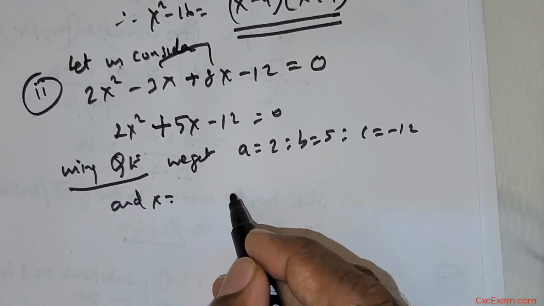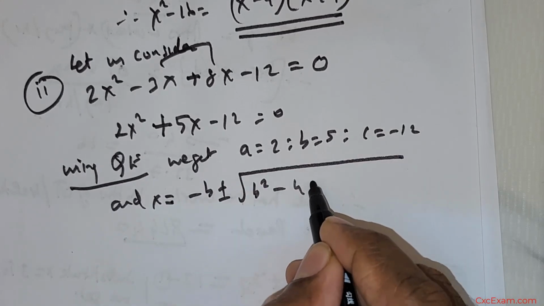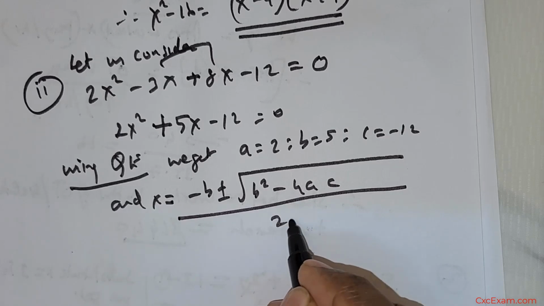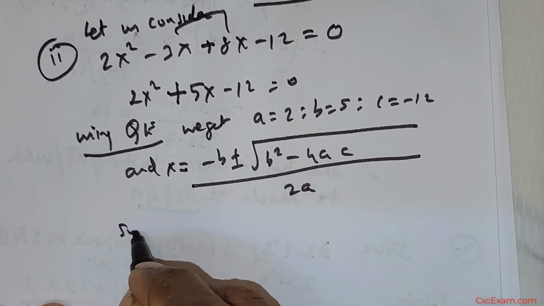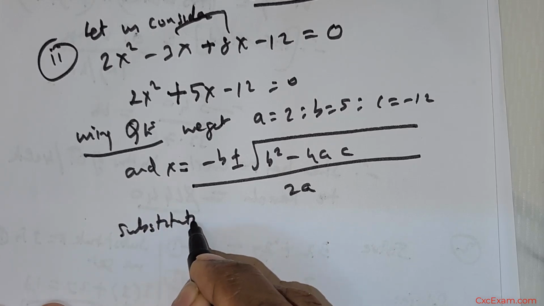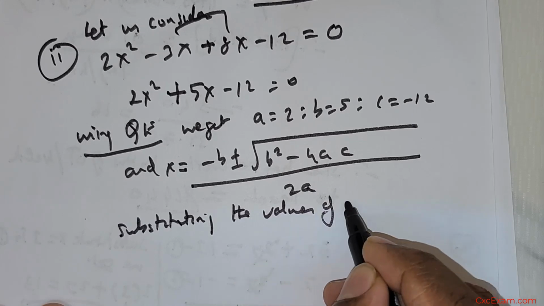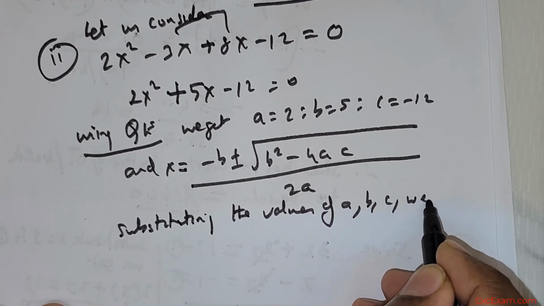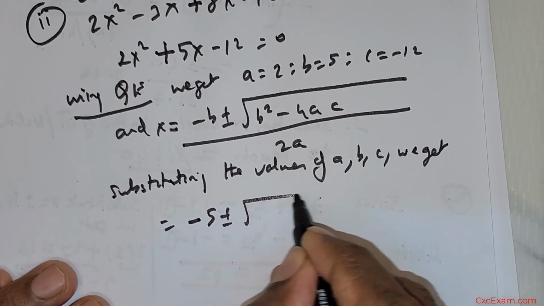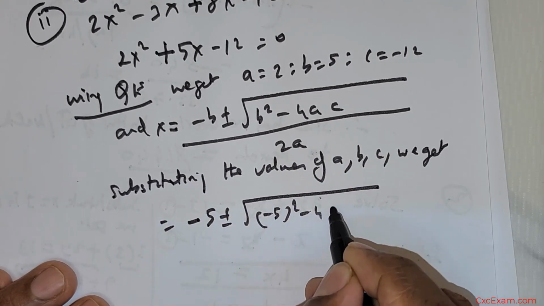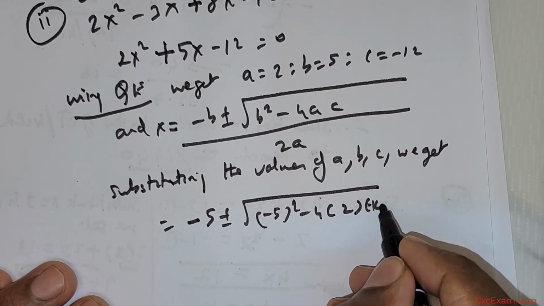And what is the formula? x = (-b plus or minus the square root of b squared minus 4ac) divided by 2 times a. This is a formula. So substituting the values of a, b, c we get: this is equal to negative 5 plus or minus root of 5 squared minus 4 times a times, and my c is negative 12.